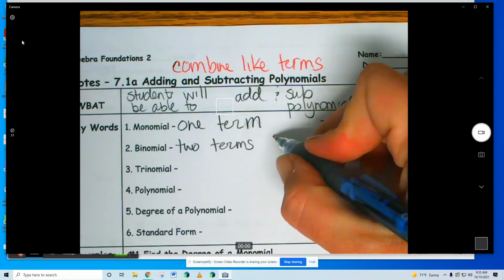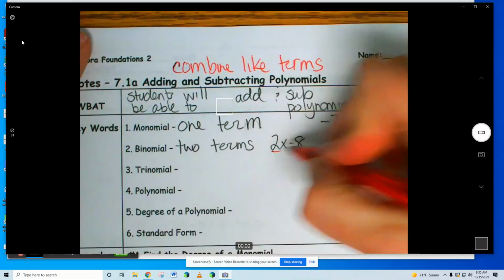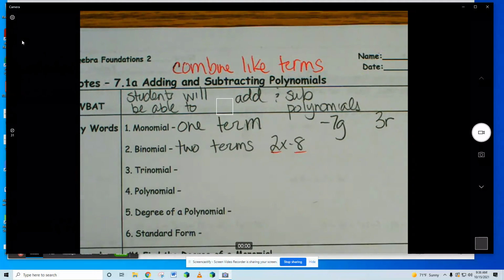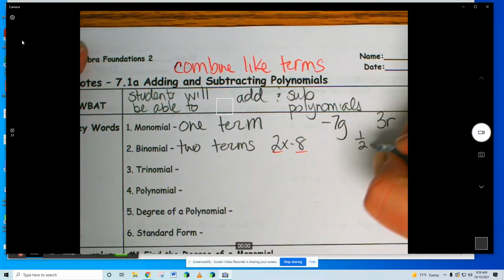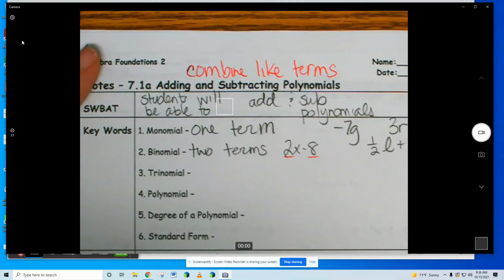Like 2x minus 8. That's two things. 2x and 8. Separated by an addition or subtraction sign. 1/2 L plus 17. That's a binomial because it's two terms.